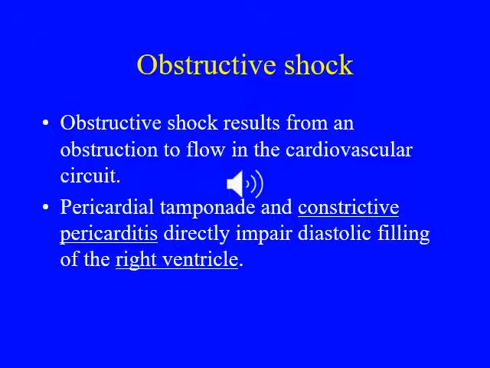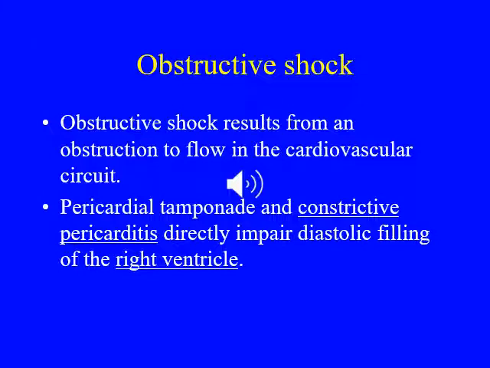But the problem in obstructive shock is an obstruction to the flow of the blood outside the heart. This obstruction will stop or decrease the flow in the cardiovascular circuit.